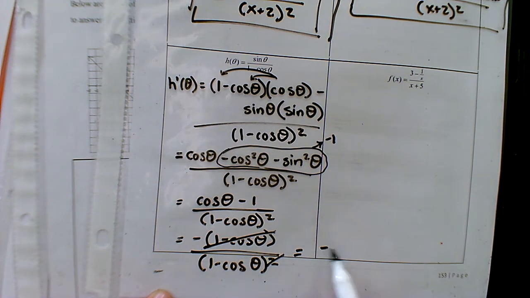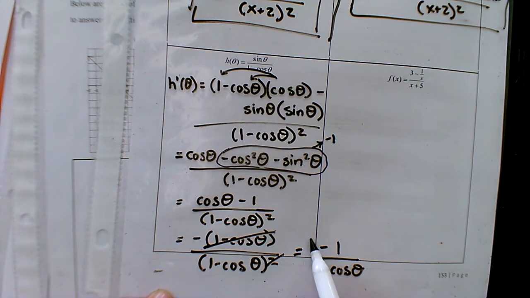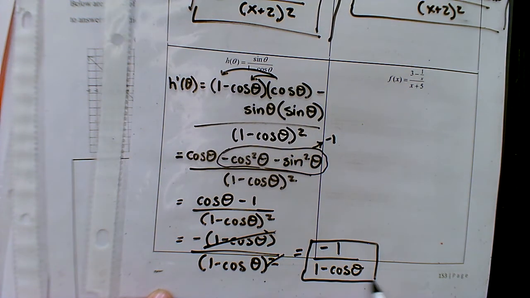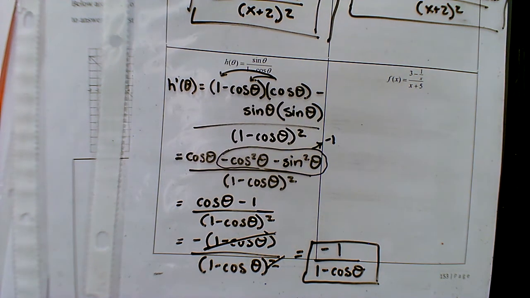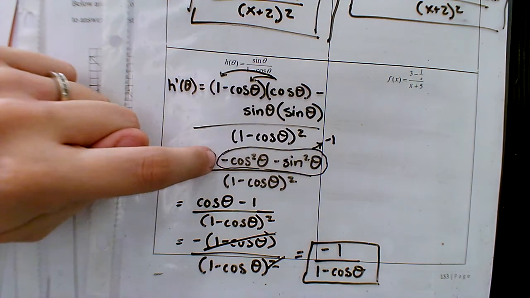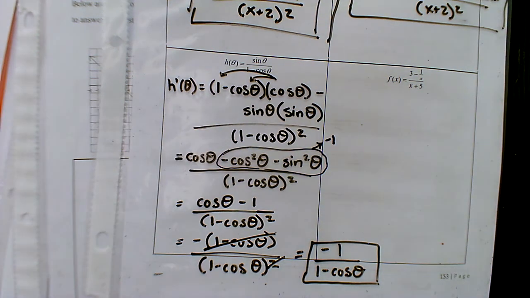So it looks like we have a -1 up top, and then the 1 minus cosine on the bottom. So since we're working with trig, that main identity might pop up sometimes. Cosine squared plus sine squared is 1. Sometimes you might have the opposite of it, though, if they're negative.